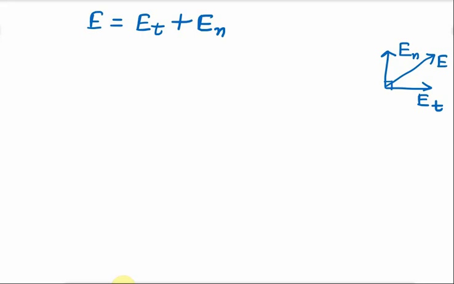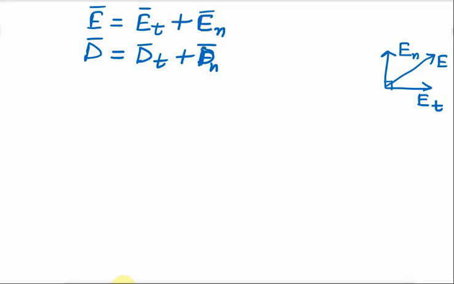Similarly, this electric flux density can also be decomposed. This D equals Dt plus Dn. It's not the algebraic sum, it's the vector sum, Dt plus Dn.